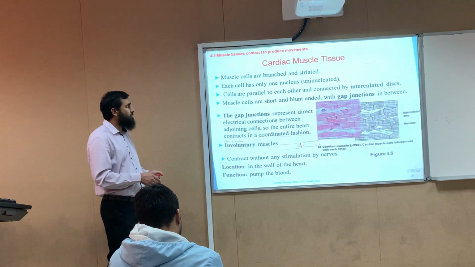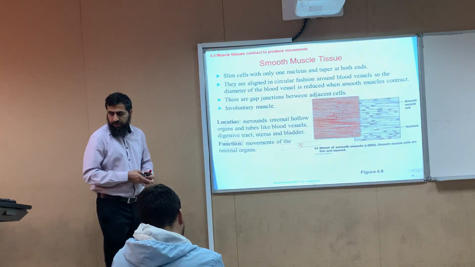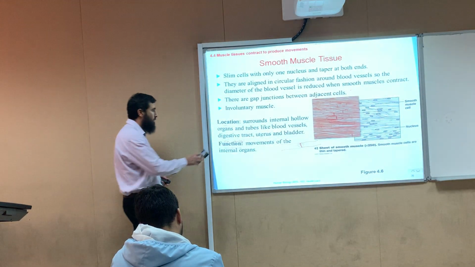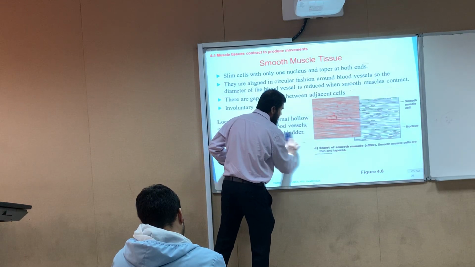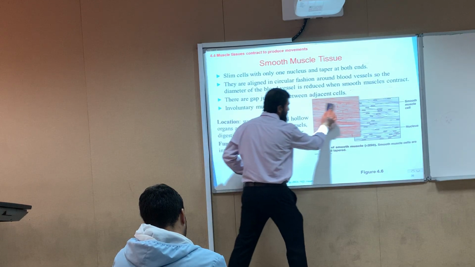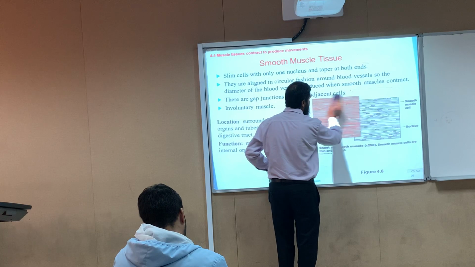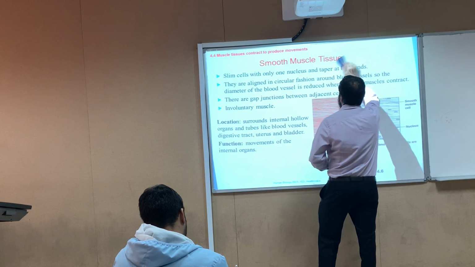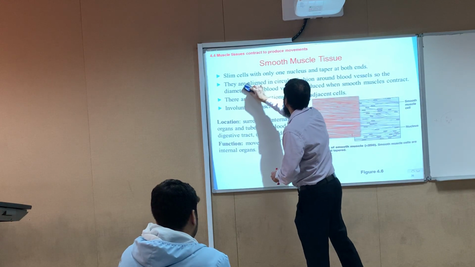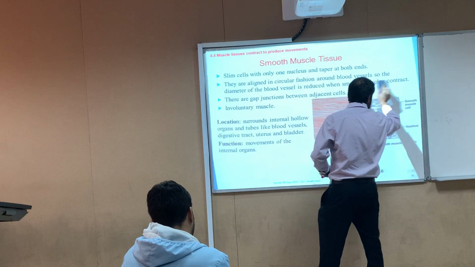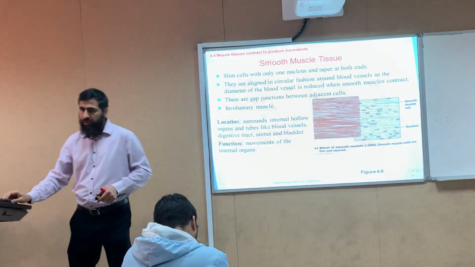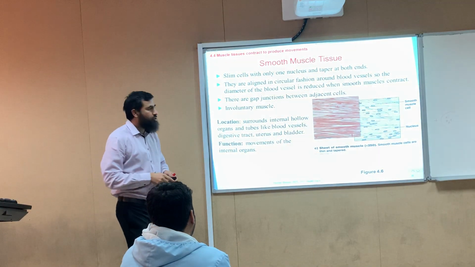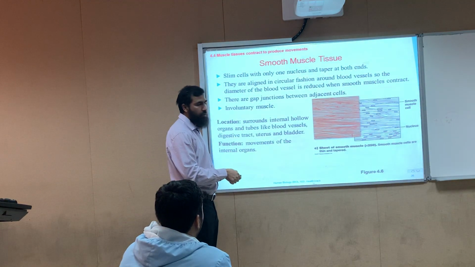So that's cardiac muscle. And the last one is the smooth muscle. There are differences between it and the other two, and some similarities. Like cardiac muscle, smooth muscle is also uninucleated.